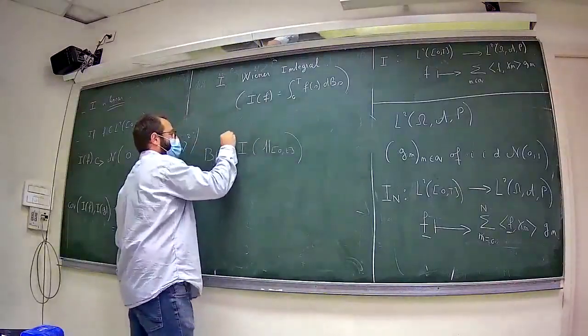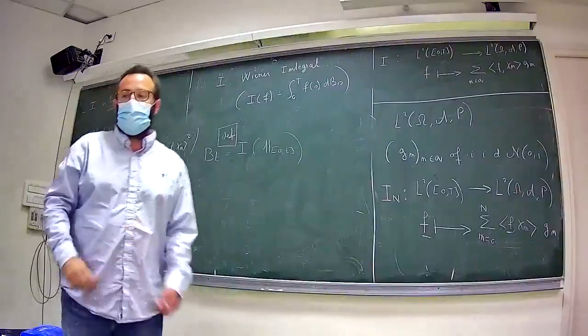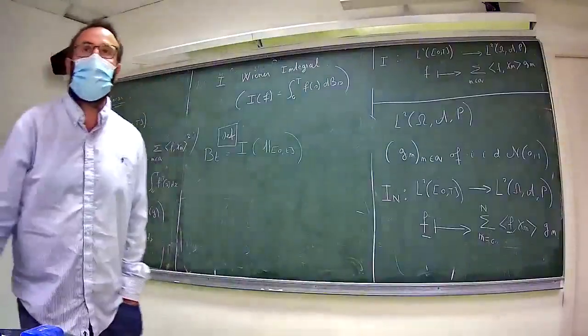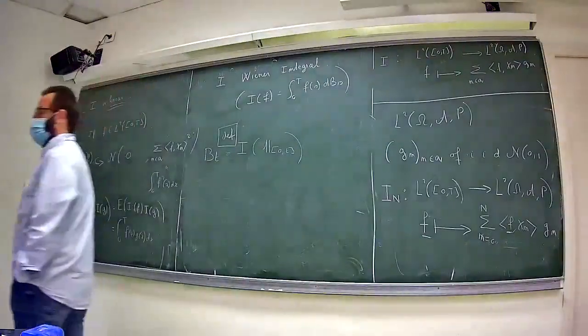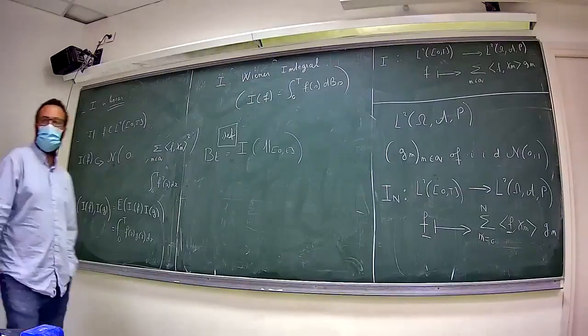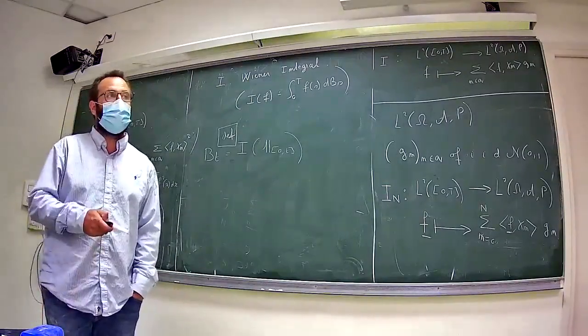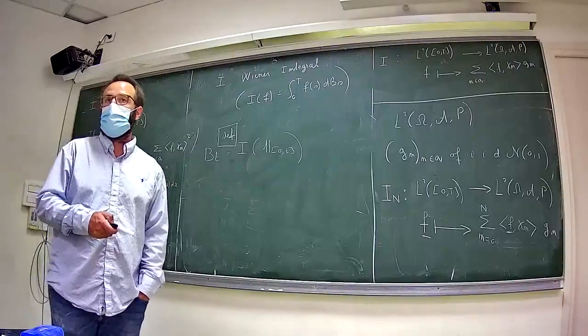Definition. And my job now is to prove that if I define B_t this way, I define a Brownian motion, that can be equivalently described as a continuous Gaussian process with mean function equal to 0 and variance covariance function equal to the minimum between s and t.